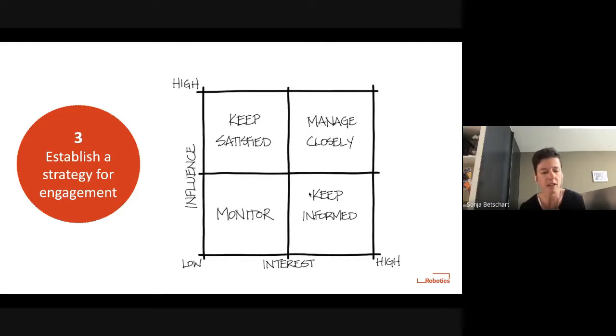Even though they are not directly involved, they can exert a great deal of influence on it. So your team needs to engage with these stakeholders and understand and satisfy their needs. That's why I say keep them satisfied, because when they are in alignment with the overall goal of the project and satisfied, they can exert their influence and be a great supporter of your project.